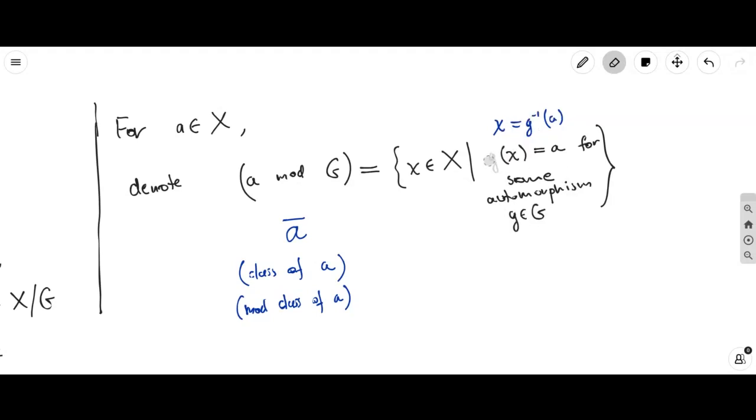So you can just relabel G inverse as G. It's again in the automorphism group. So this is basically the translations of A. You take this element A and you move it by using the automorphisms in G, and all of the elements that you get, you call the mod class.